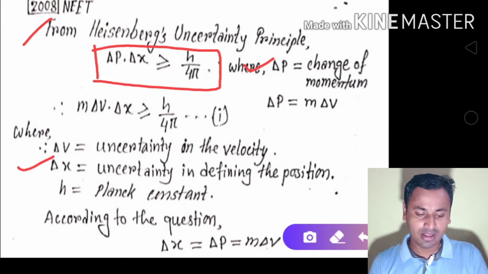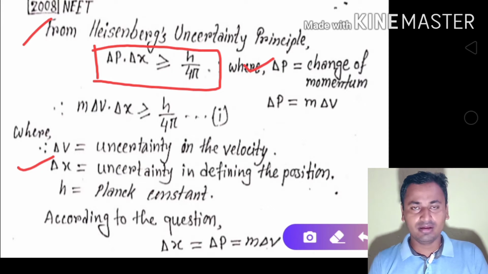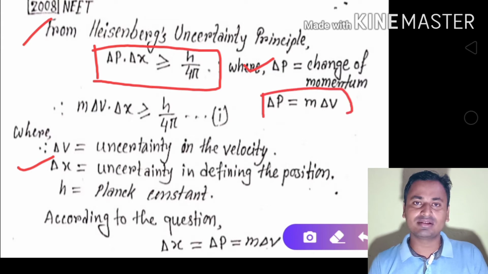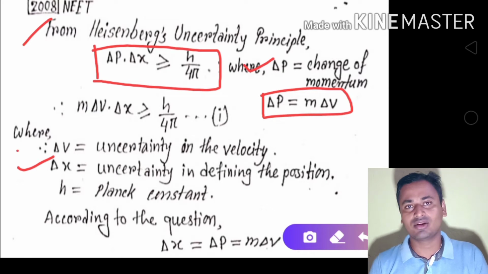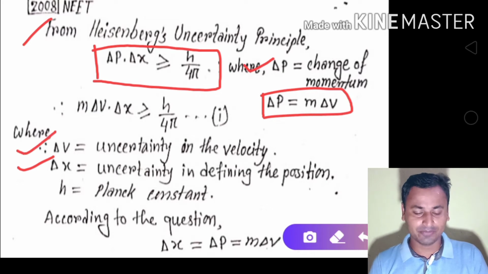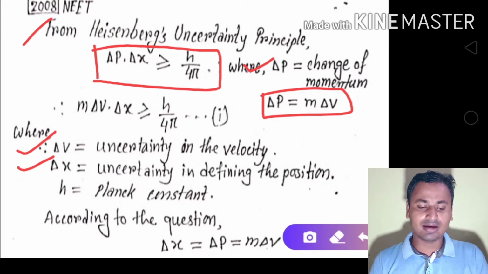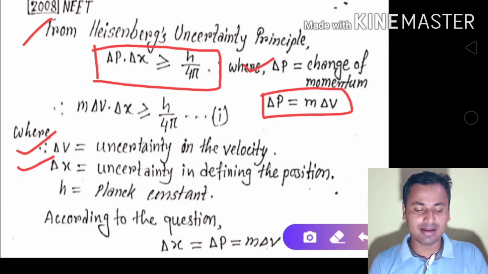Then del p equals m del v, where m is the mass of the particle and del v is the uncertainty of velocity. Then I can write this equation: m del v into del x is greater than or equal to h by 4 pi.